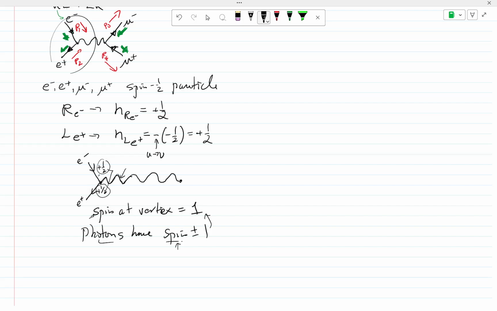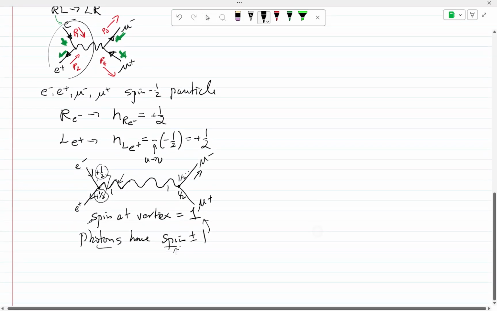I'm going to extend this out a little bit. Since you have a spin 1 here, this is conserved. Whatever comes out of these two lines also has to add up to spin 1, with each having a magnitude of 1/2. Let's say we're doing muons, mu plus and mu minus. Whatever comes out here, if its momentum is going this way, it has to be left-handed.